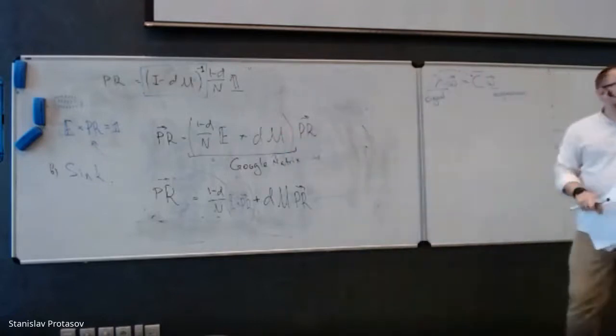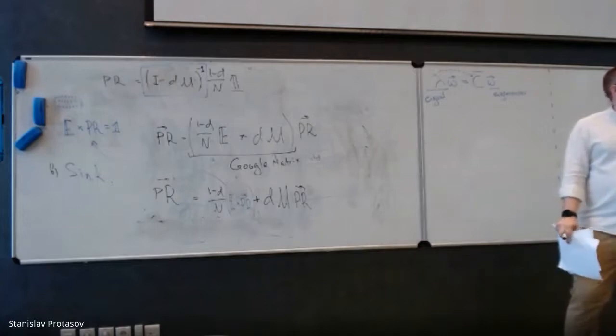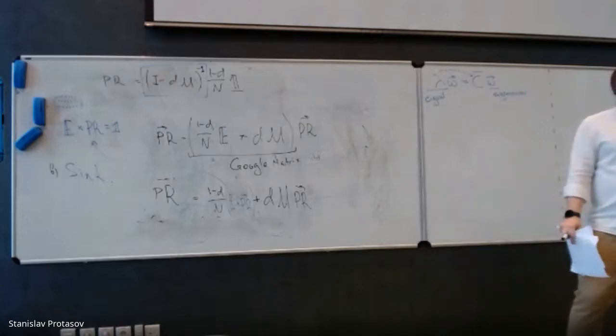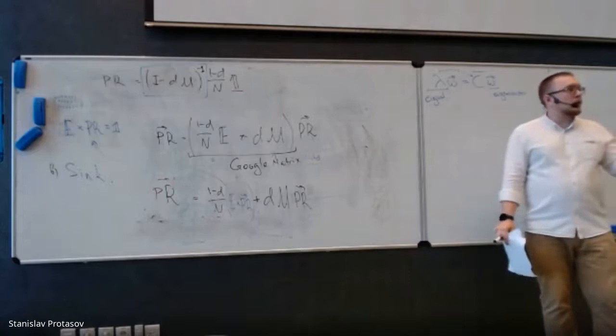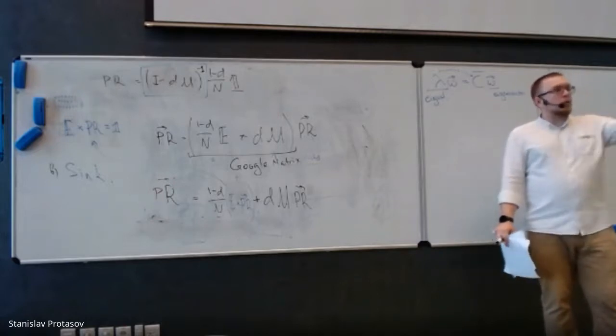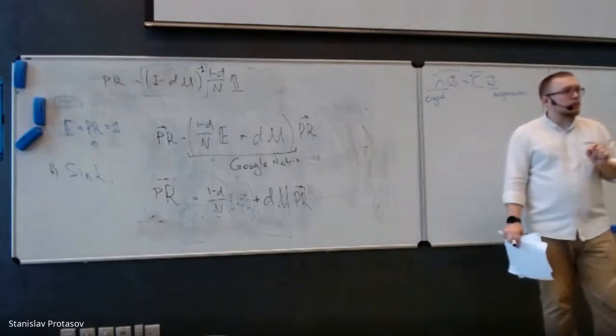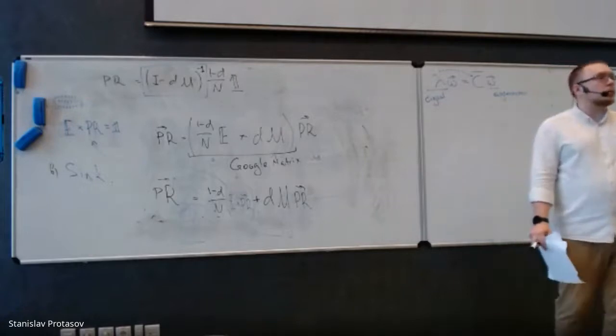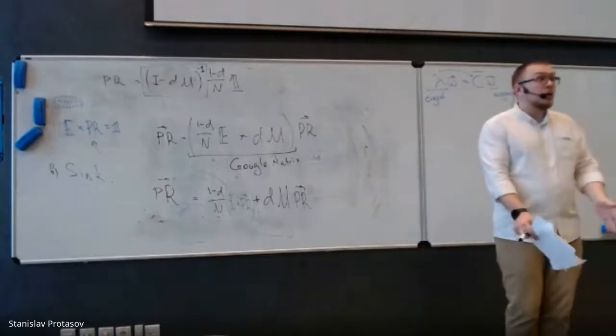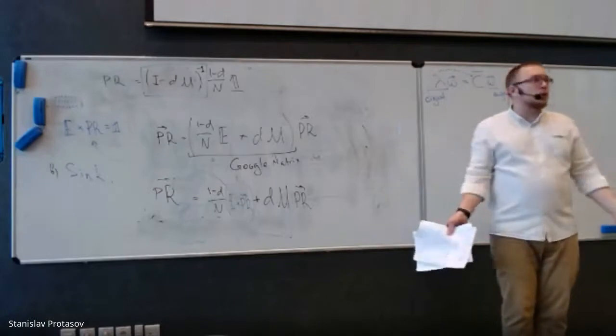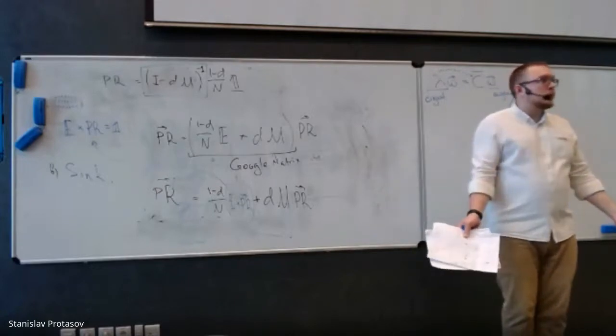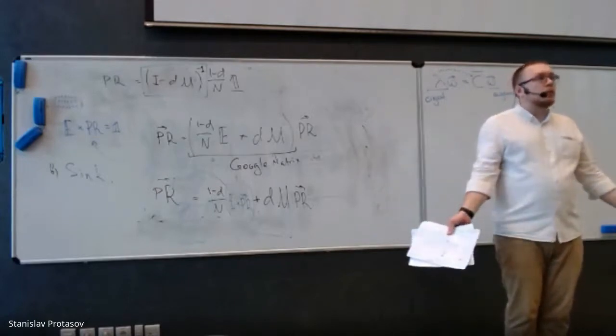This matrix is stochastic. Do you know what a stochastic matrix is? It's a matrix where either each column or each row sums to one, because it describes a Markov process. Markov process means that if you stand here, you can go in some direction with some probability, and these probabilities should sum up to one.